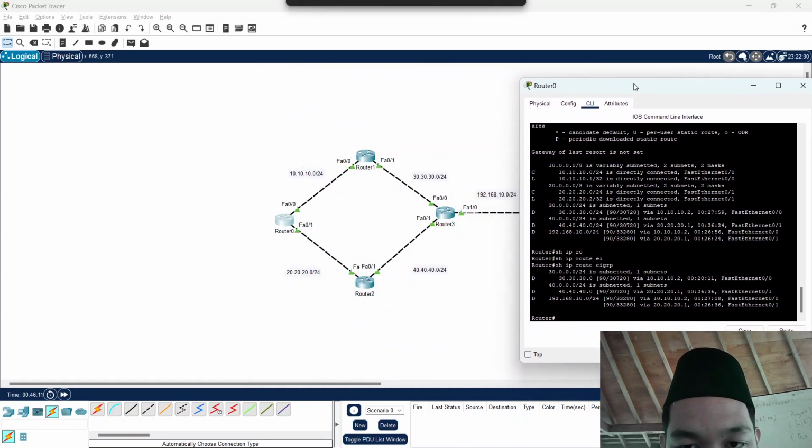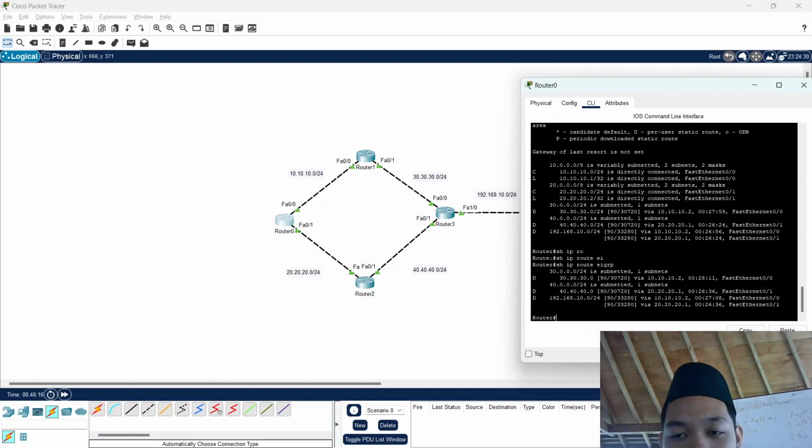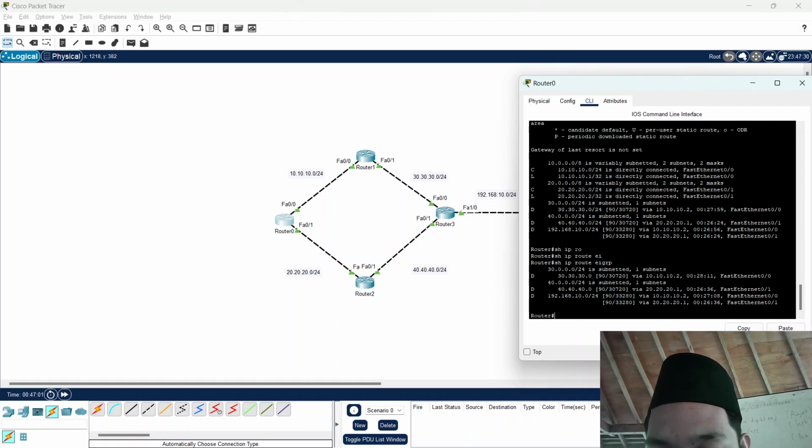Then if you look, the flag D is EIGRP. Then look at IP 30, it connects via IP 10.10.10. And from the higher router, from IP 10 via 10.10.10 goes to IP 30. Then if you look at 40.40.40, it is via IP 20. And then if you look at 192.168.10.1, you have to route from IP 10 via 10.10.10 and then via 20.